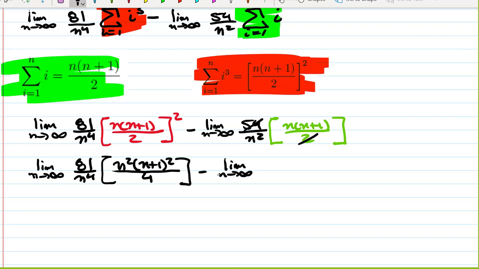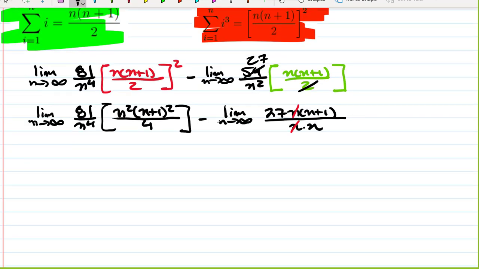Here, 2 goes into 54 27 times. So then we're going to have 27 times n plus 1 all over n squared. And I'm going to write my n squared as n times n, because then I notice the n and that n reduce out. So we need to simplify all of this out a little bit more.